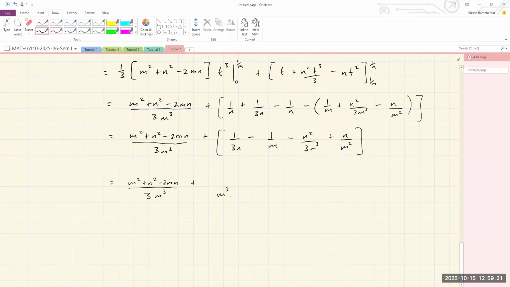So we could do 3 here one time. 3m cubed n.